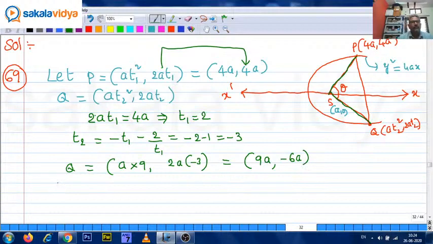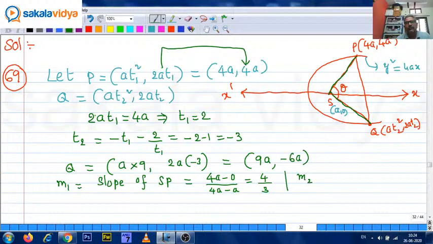First, say M1, slope of SP. Slope of SP is equal to y2 minus y1 by x2 minus x1, so 4a minus 0 upon 4a minus a. This equals 4a by 3a, which is 4 by 3.